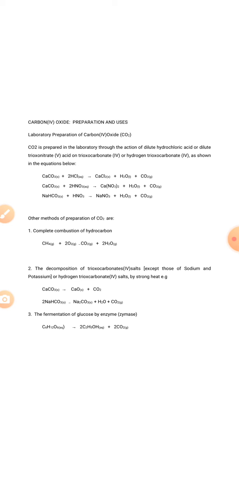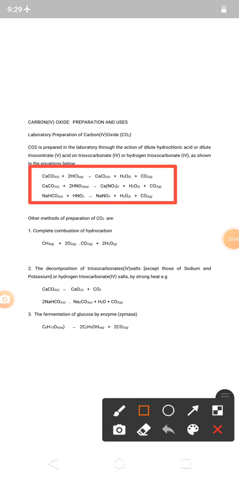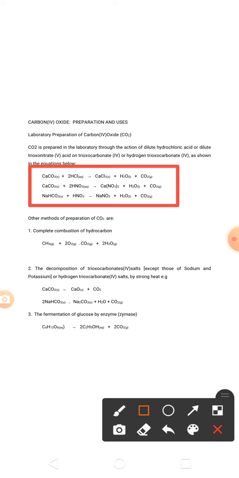Laboratory preparation. There are different ways of preparing carbon dioxide. The first way is what you have represented by these equations. These 3 equations represent a single way of preparing carbon dioxide. Let me zoom it so that you can see better now.